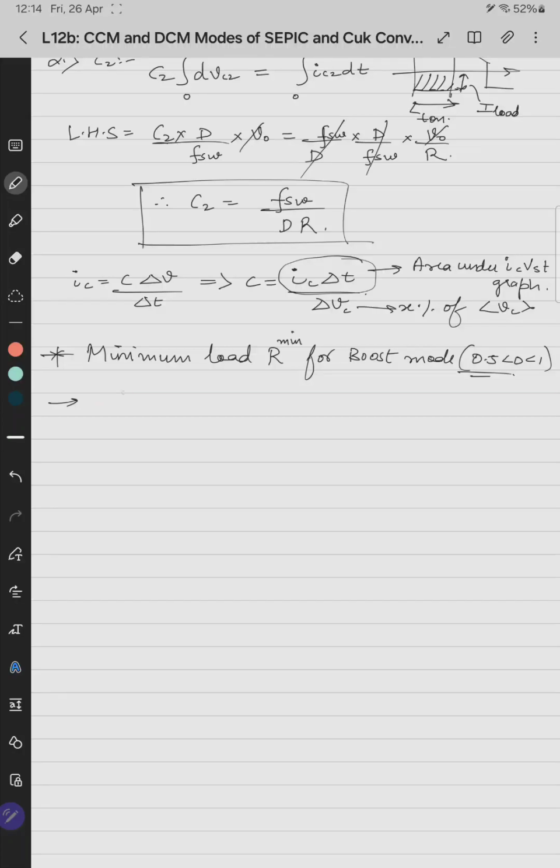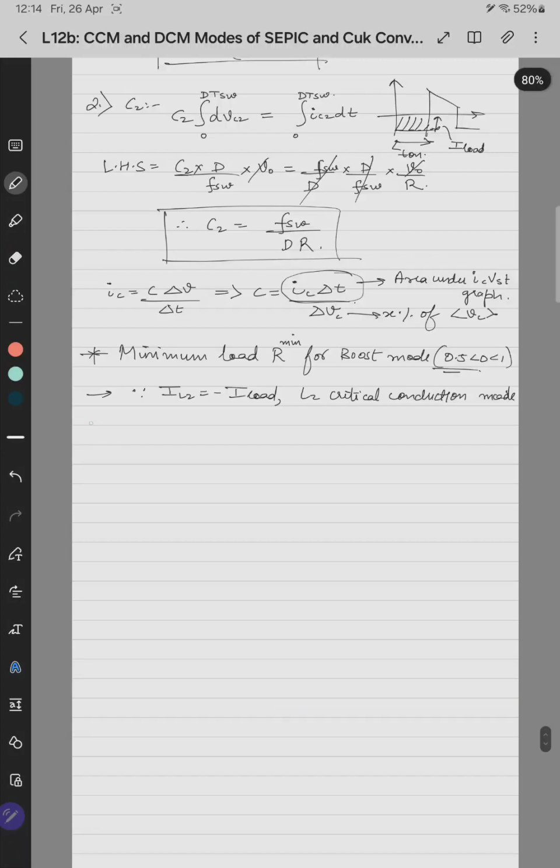First we'll write that since IL2 equals to minus ILoad, L2 critical conduction mode should be considered for calculating R minimum.